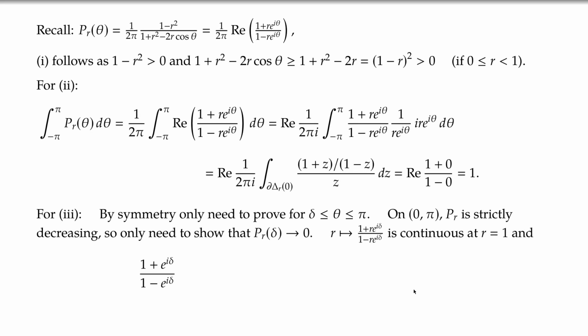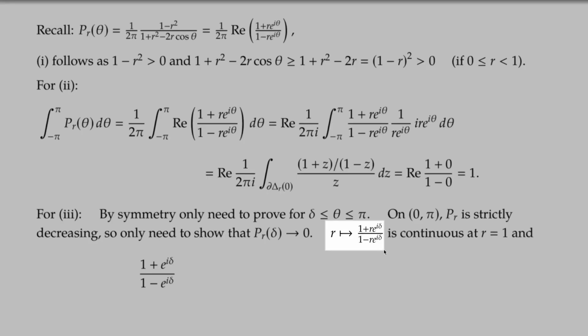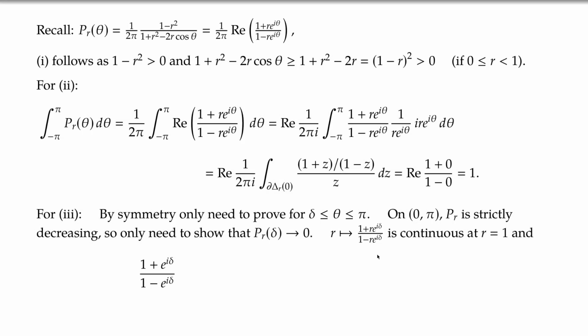The only difference is we're plugging in delta for theta, right? And we look at this function as a function of r, so delta is fixed. And that's continuous because delta is some positive number, so this never blows up. The denominator is never 0.